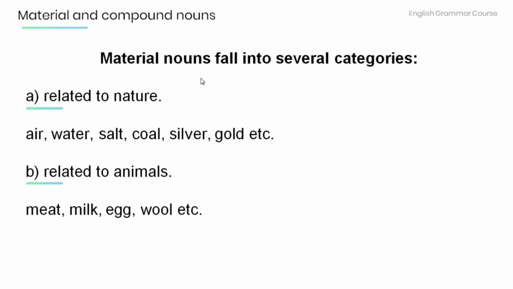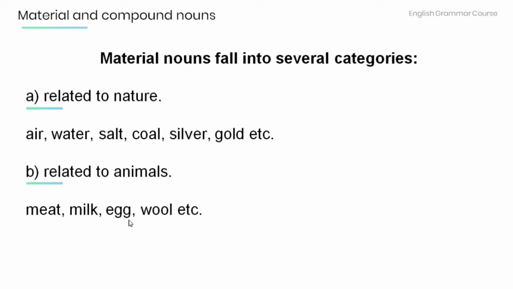Remember, the material nouns fall into several categories. A. Related to nature. For example, air, water, salt, coal, silver, gold, etc. B. Related to animals.